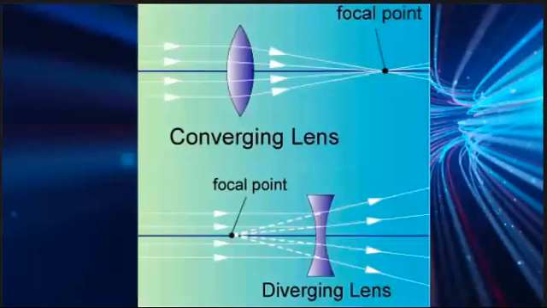So there are two kinds of lenses. We have the converging lens and the diverging lens. A converging lens bends an incident ray, so we have here the incident ray parallel to the optical axis and toward the focal point.